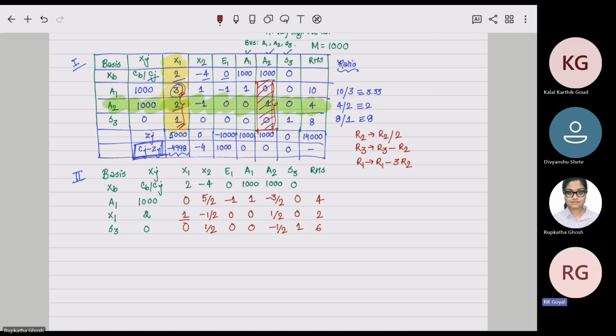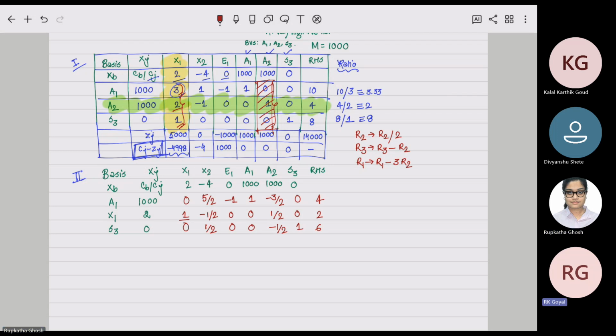But then why are we keeping the column values of x1 like say 0, 1, 0, wherein the a1 is 0 and s3 is 0 and only x1 remains as 1? I'm not understanding your question. The point here is that we want to remove a2 and we want to include x1 based on certain parameters.